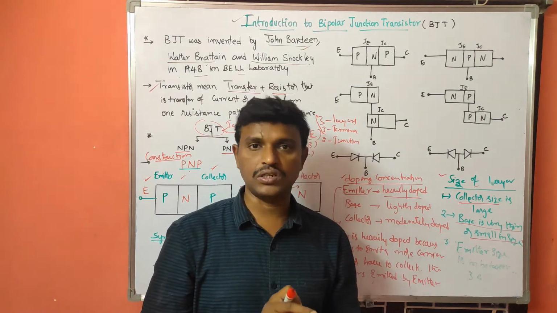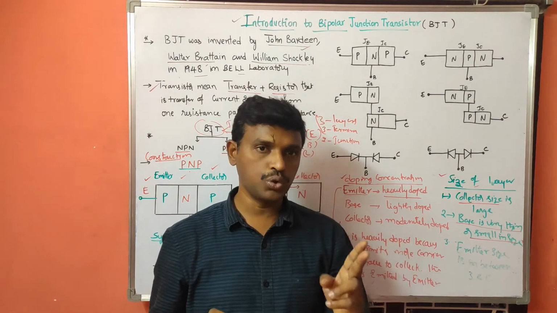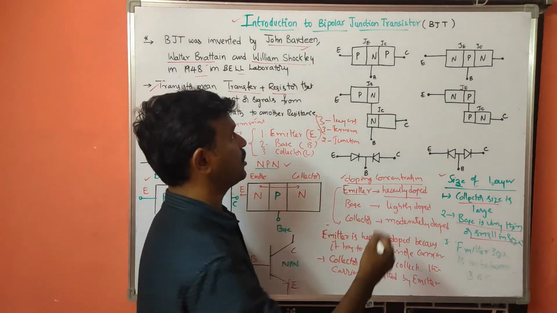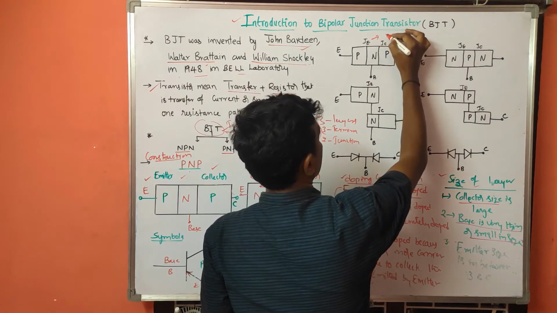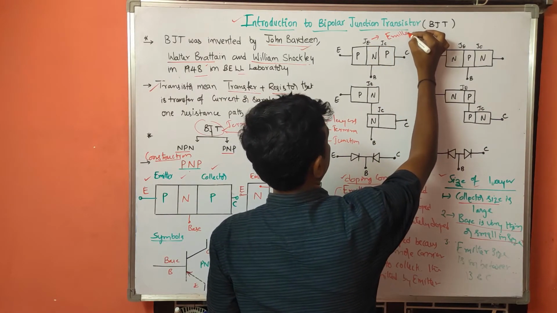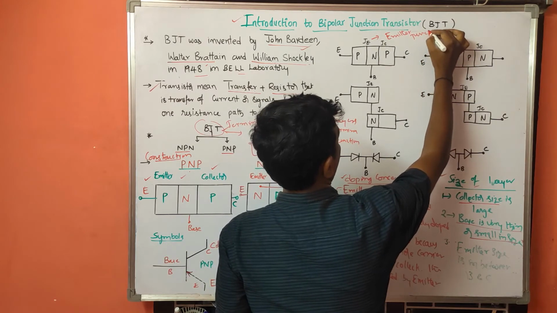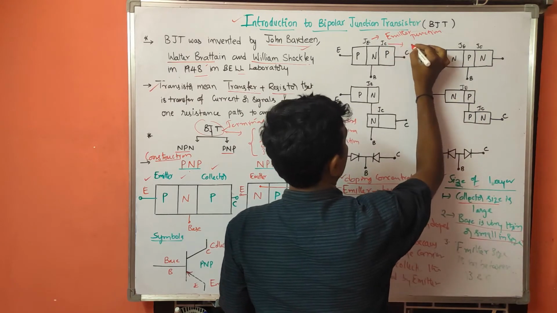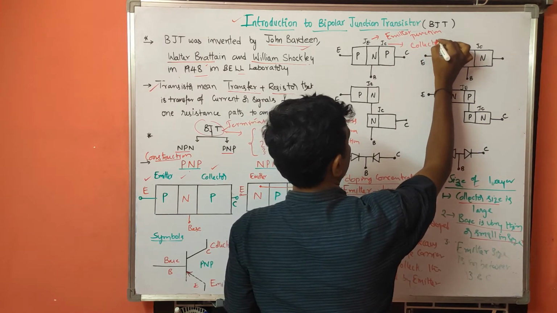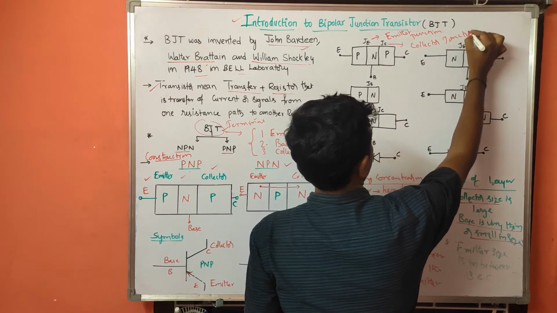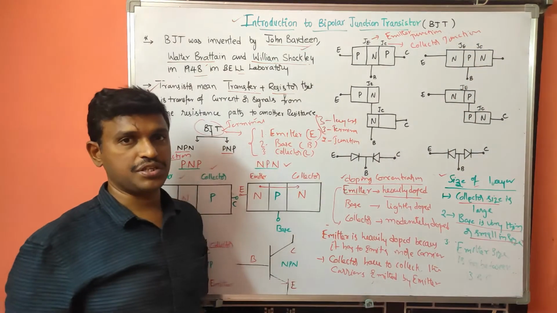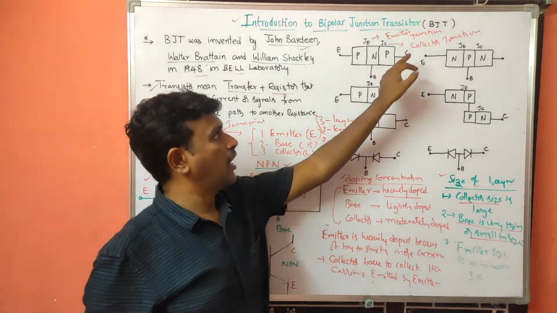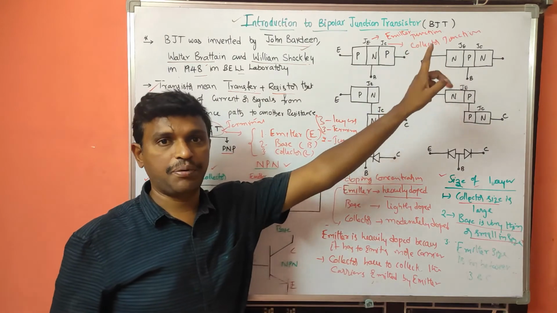Either an NPN or a PNP transistor consists of 2 junctions: one is the emitter junction, JE, and the second is the collector junction, JC. So the BJT consists of 2 junctions, the emitter junction JE and the collector junction JC.